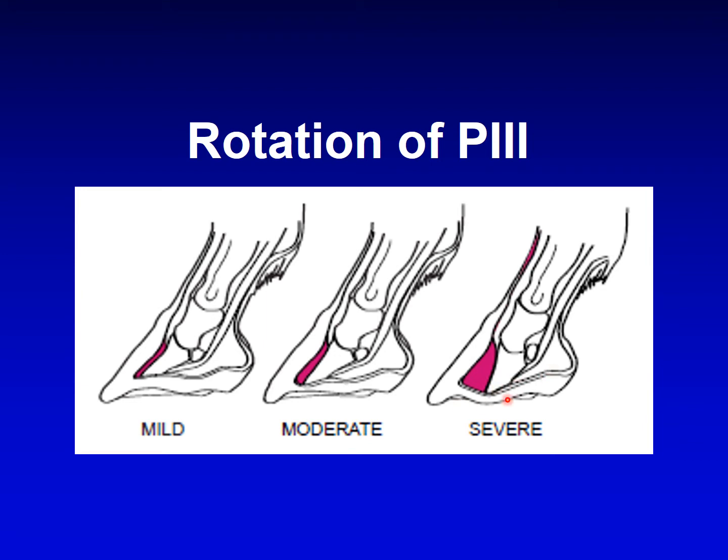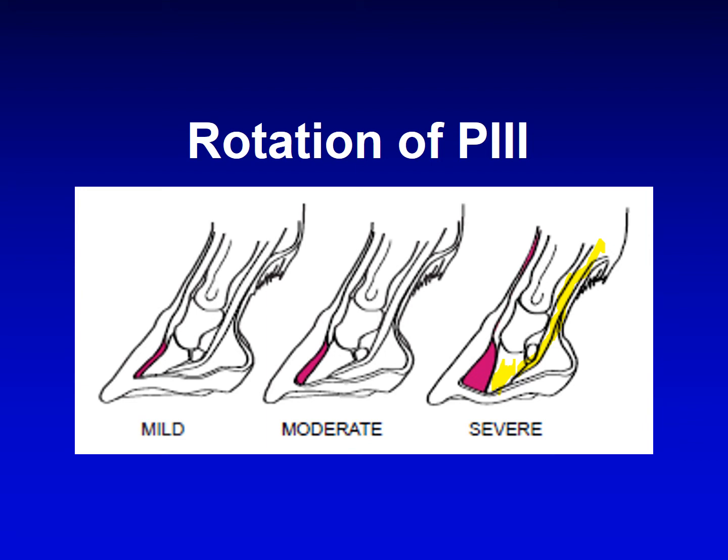You can see here, this is the deep digital flexor tendon right here. It's pulling on P3 because it's the only one that reaches P3, which is this one, from the palmar side of the foot, or the digit.